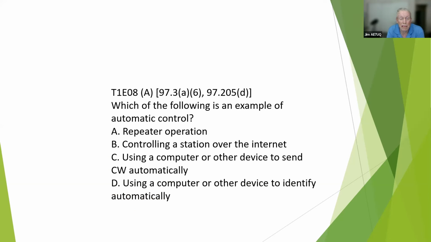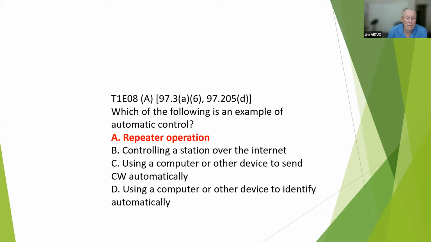Which of the following is an example of automatic control? Repeater. You've talked a little about repeaters, and I think that comes up more specifically in other parts of the course. But a repeater operates automatically. You send a signal to the repeater, it knows what to do and sends the signal back out, repeating it further.